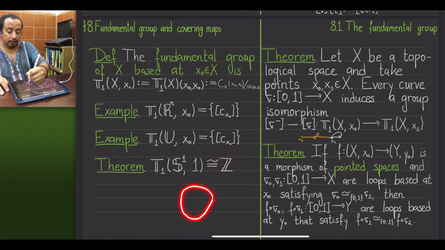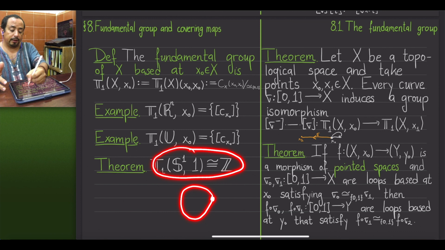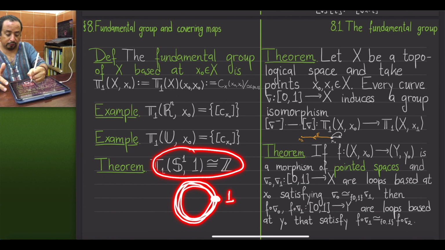Intuitively, I would say it is clear that this fundamental group is not trivial, and that it is isomorphic to the integers, and that somehow the isomorphism tells me, if I give you a loop based at the point, how many times I went around the unit circle, right?